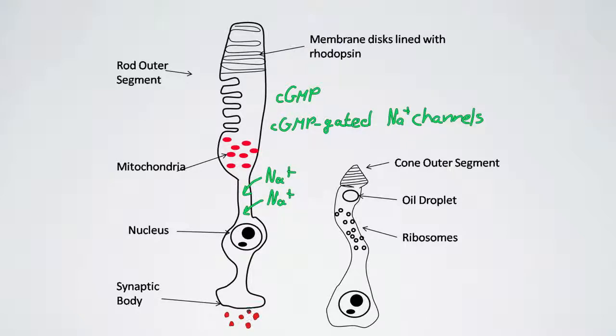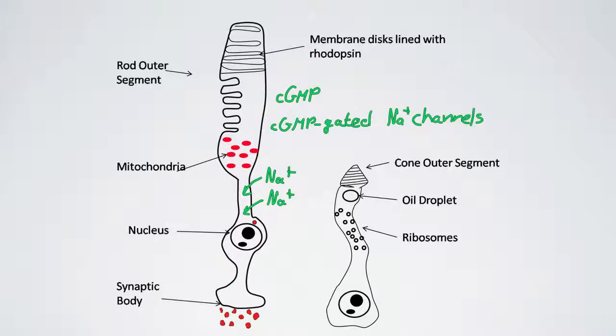I know what you're thinking. Why are neurotransmitters being released when there's no stimulation? And it is true. This is exactly opposite to what we've looked at, but this is the process and this is how it works in the rods.